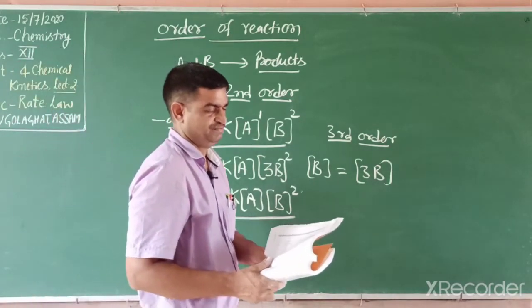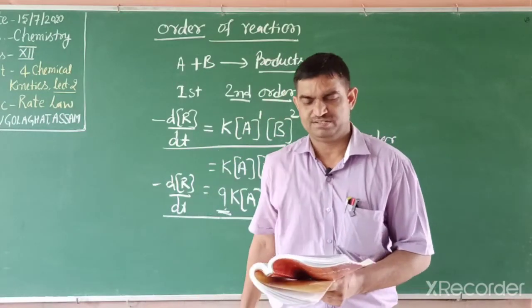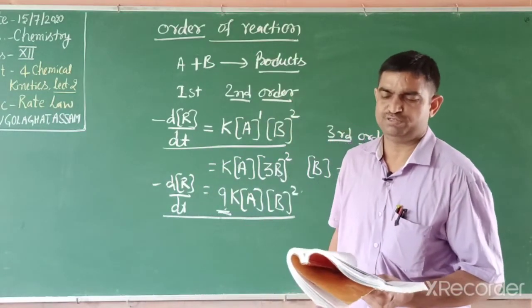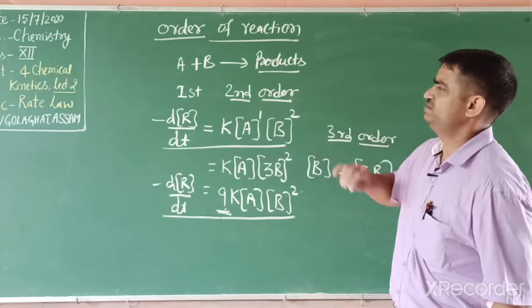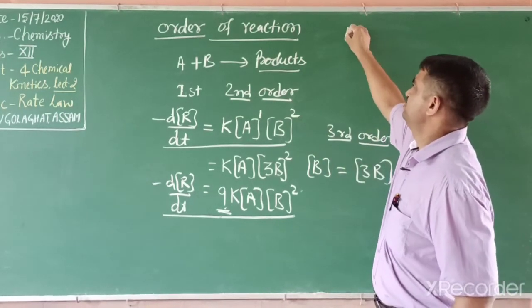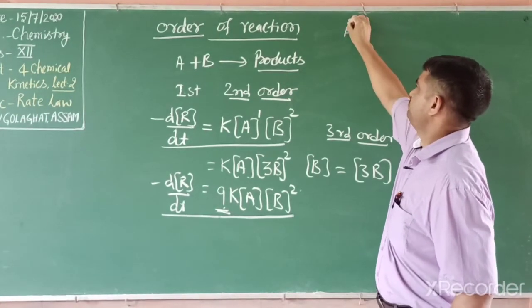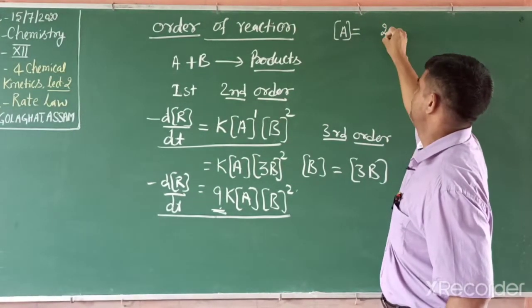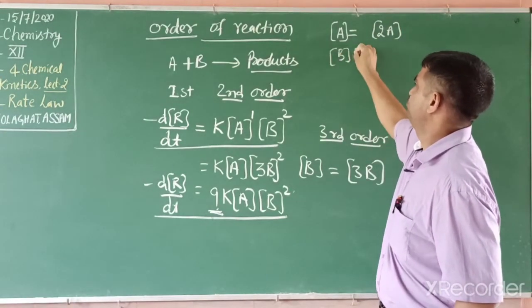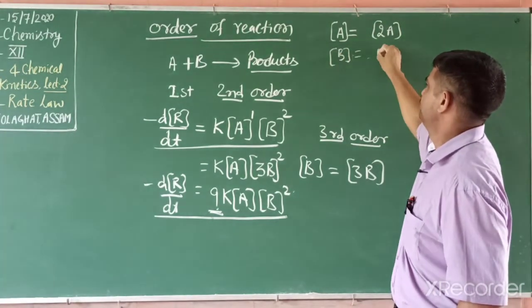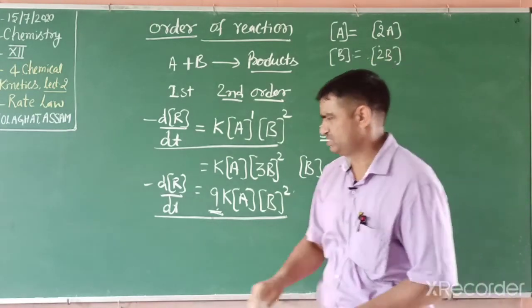Another numerical: how is the rate affected when the concentration of both A and B are doubled? What happens if A and B are doubled? We write 2A for A, and 2B for B, in this differential rate equation.